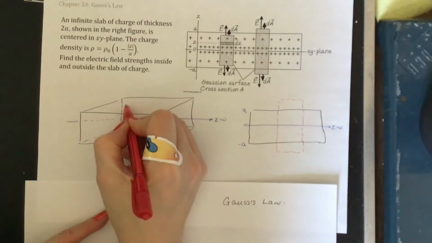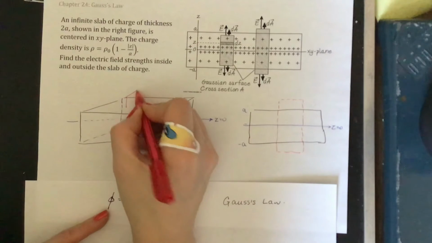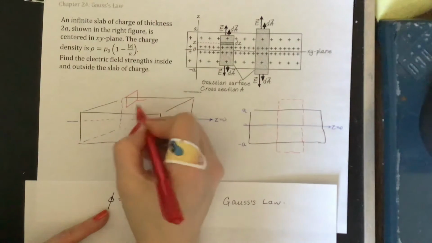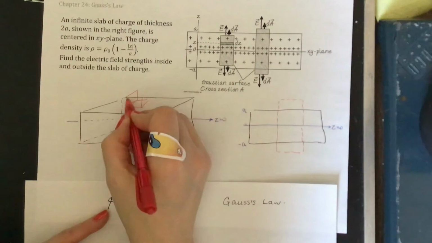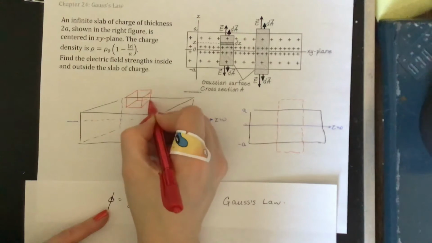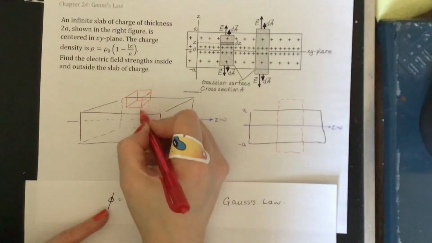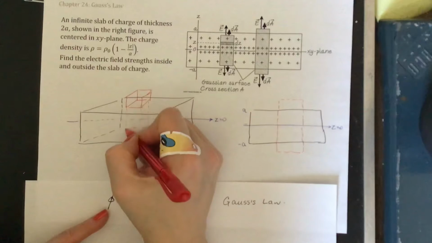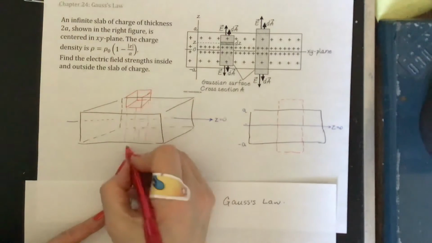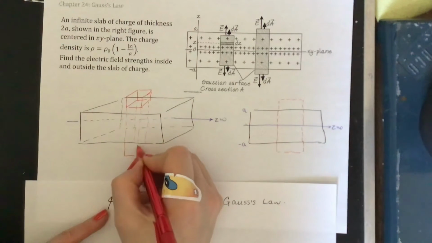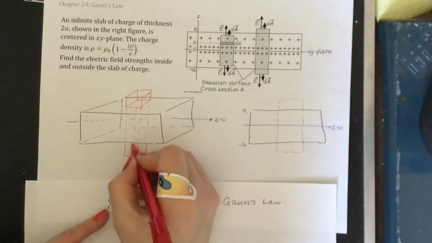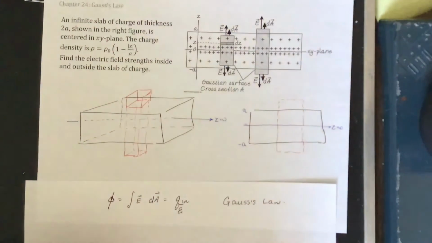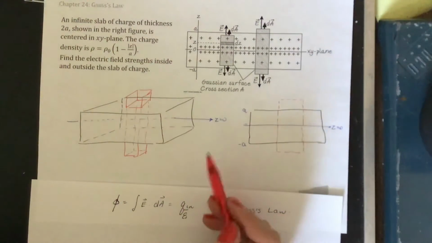It sticks up from the top, and then cuts all the way through, down through, to come out through the bottom. Something like this. I'm not super at the 3D drawing, but hopefully you get the idea. So there's our closed Gaussian surface.